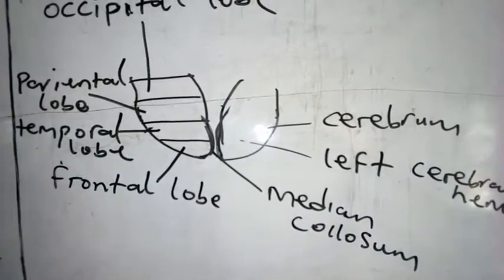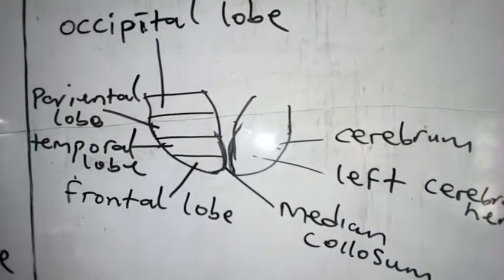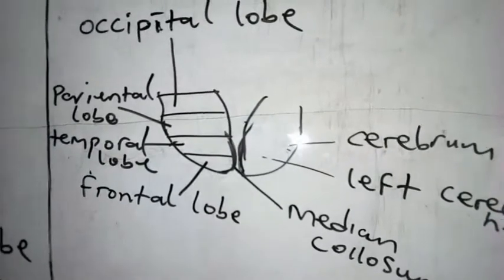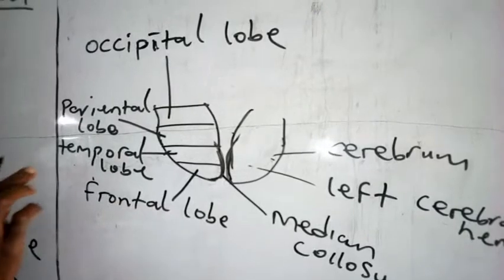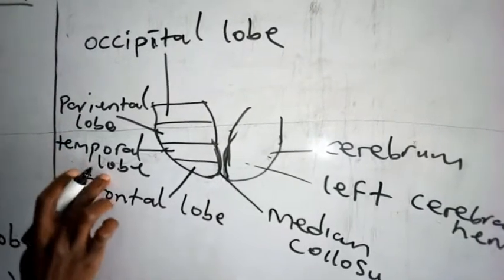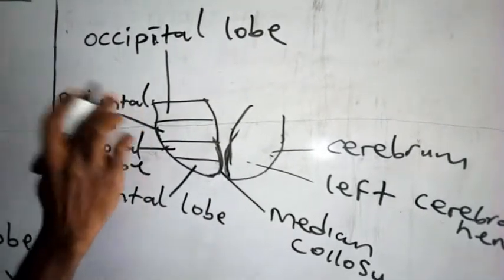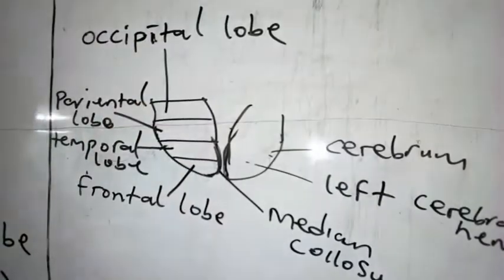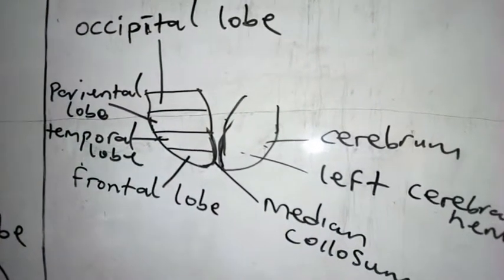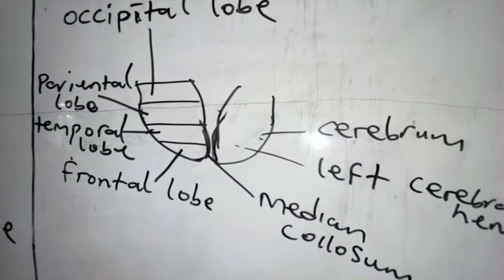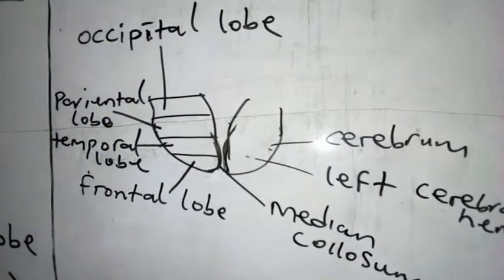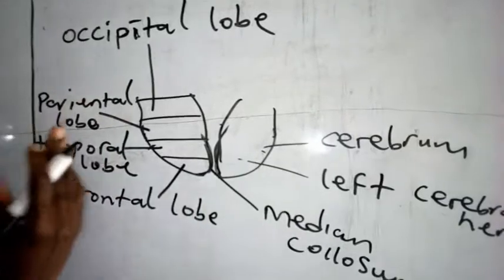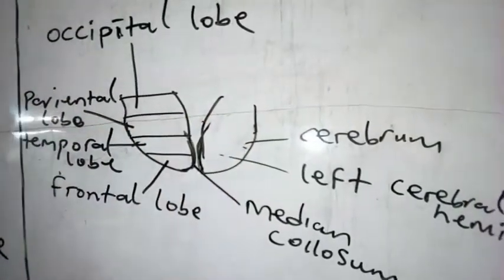Now, each of these hemispheres is divided into 4 lobes. The first lobe here is the frontal lobe. We have the next one called the temporal lobe. We have the parietal lobe, and finally the occipital lobe. So all these lobes I have mentioned make up the cerebral hemisphere. We have them on the right, we equally have them on the left.